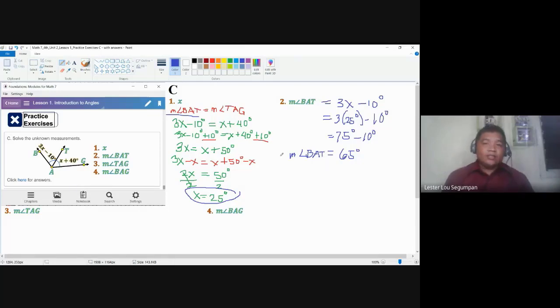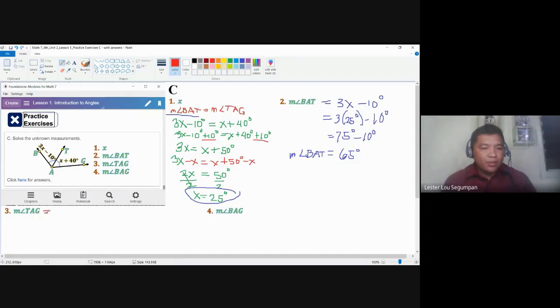Let's continue in solving the measurement of angle TAG, and then pause before moving to number 4. Let's verify if they are really equal using this value so that we will be assured first.